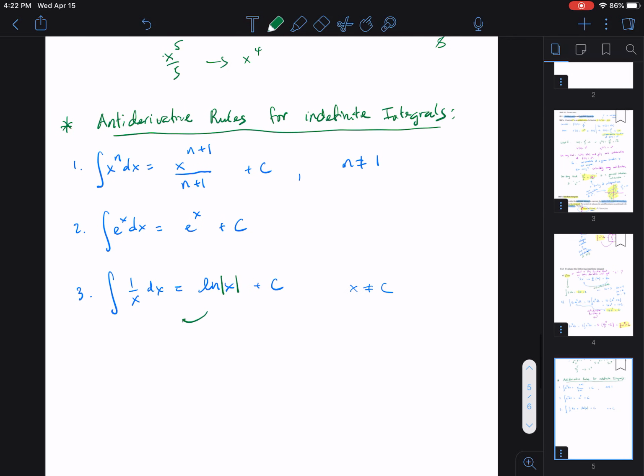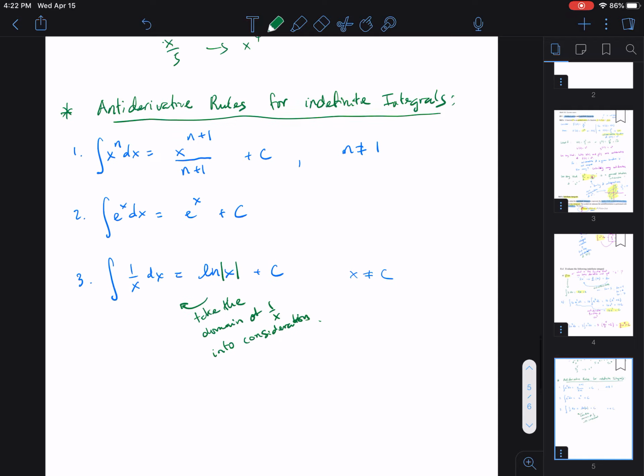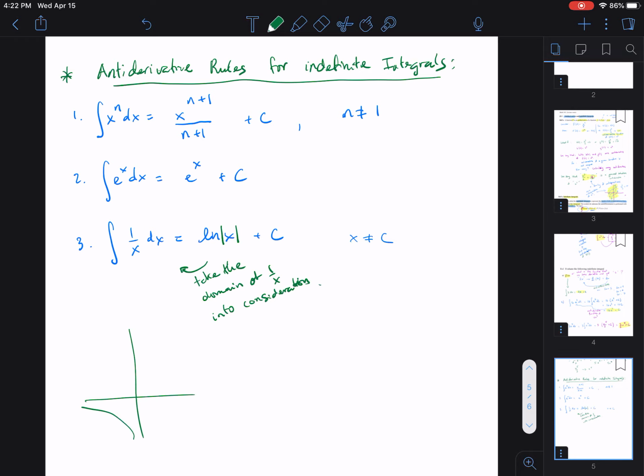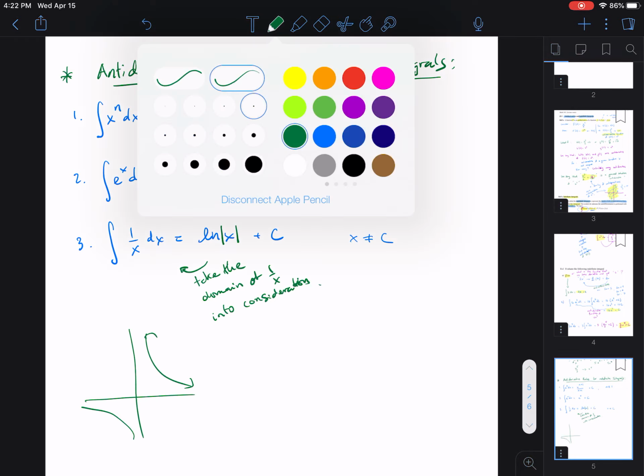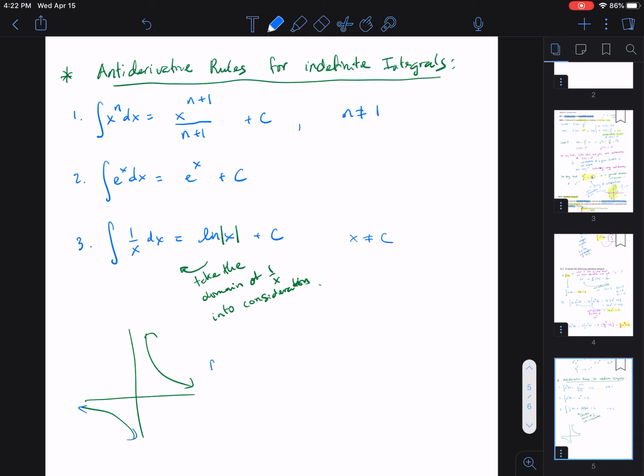So this ensures that we take the domain of 1 over x into consideration, because the domain of 1 over x is negative infinity to 0 and 0 to positive infinity.